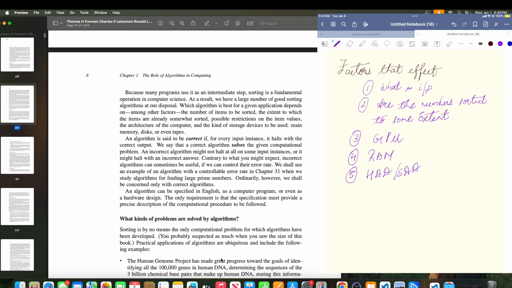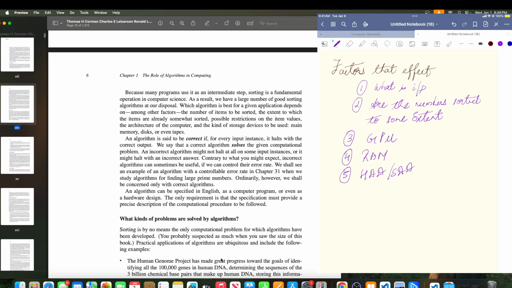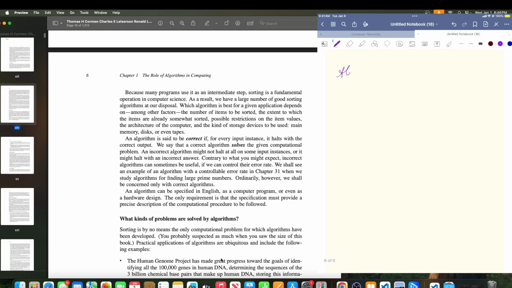Everybody misses it: the algorithm has to be correct. Now, when is the algorithm correct? So we need a generalized algorithm, irrespective of the input.